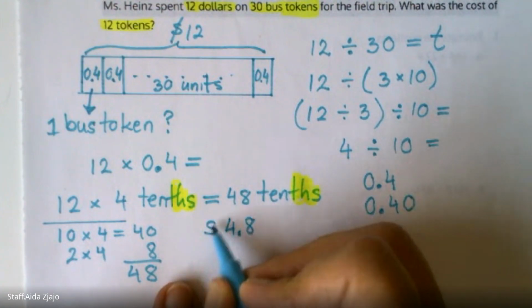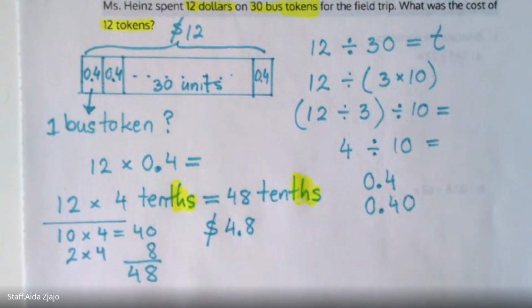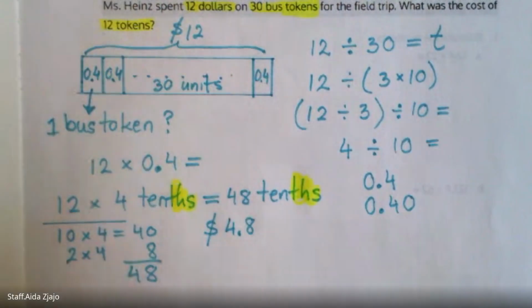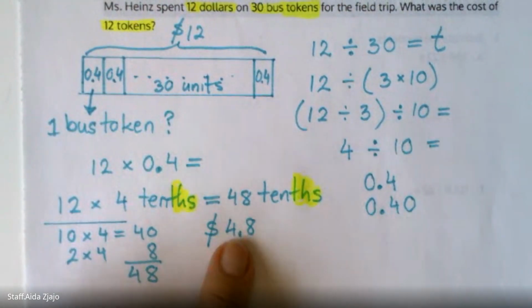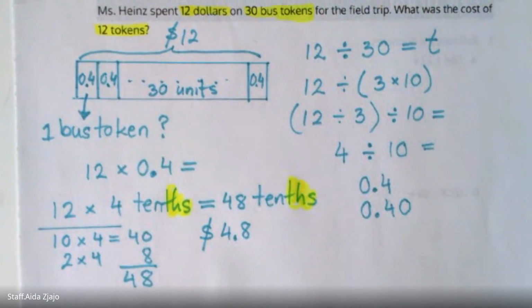So that is how much 12 tokens will cost: $4 and 80 hundredths, or $4 and 8 tenths, or $4 and 8 dimes. I hope that makes sense to you guys.